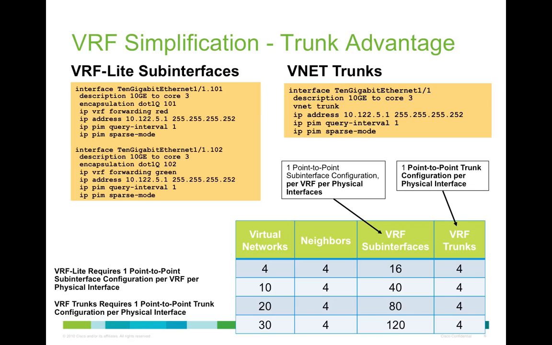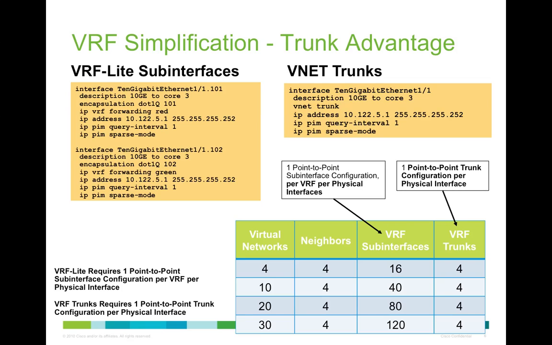Here you can see the advantage on scalability: the more virtual networks and the more neighbors you have, the more VRF subinterfaces you have. You multiply virtual networks by neighbors and you get how many VRF subinterfaces you need. So with 30 virtual networks and, say, 4 neighbors on a particular router, that router would need 120 VRF subinterfaces.